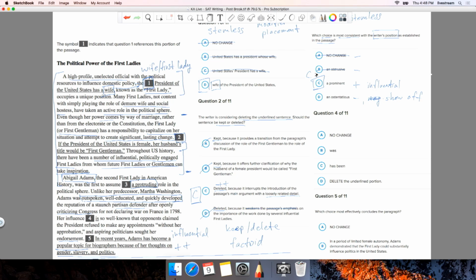Now, I like this question because there were some words in here that maybe you don't use in everyday language. You probably don't go up to your friends and say, hey, you're really ostentatious. So there are some words that you might not be as familiar with, and vocab is something that may come up on the SAT.